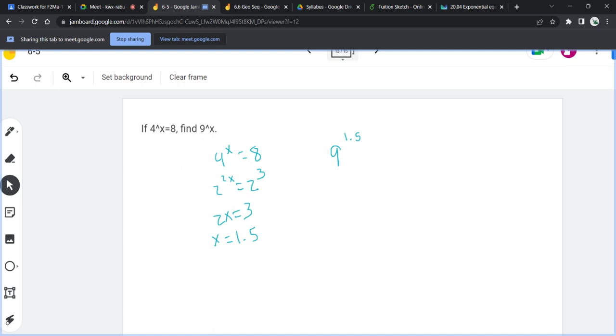Okay, so 9 to the 1.5 power. If you can deal with the decimal points, you can change it to a fraction. And for the 9, it can be written as 3 to the power 2.